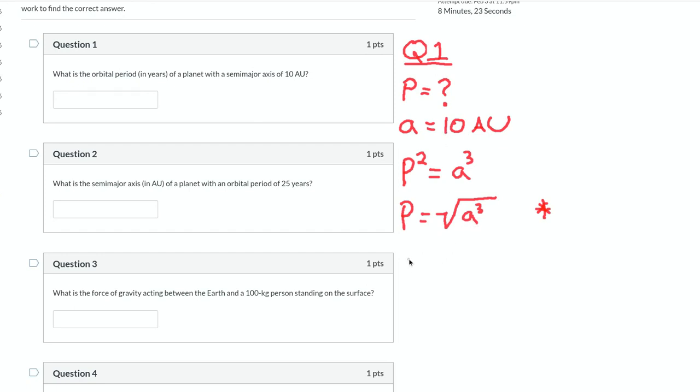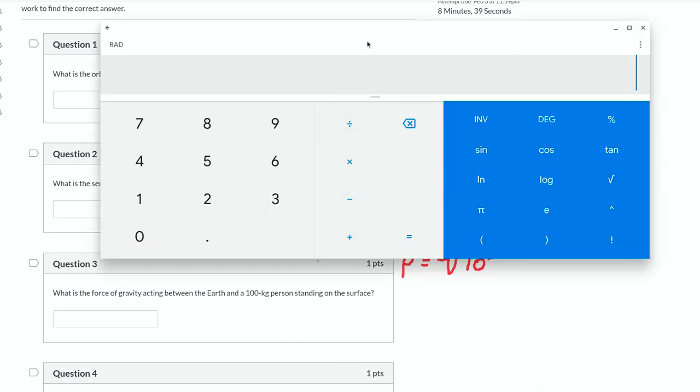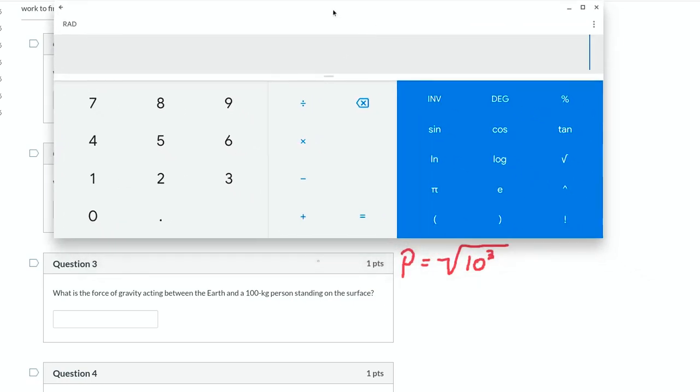All right, so now we can actually plug in our value of A here, 10 AU for the semi-major axis, and we would get this, that the orbital period is going to equal the square root of 10 cubed. All right, and this is where we can get out our calculator. So I want to find the square root of 10 cubed. Now, depending on your calculator, you're going to want to find the right buttons to push, but I'm going to write it like this on mine.